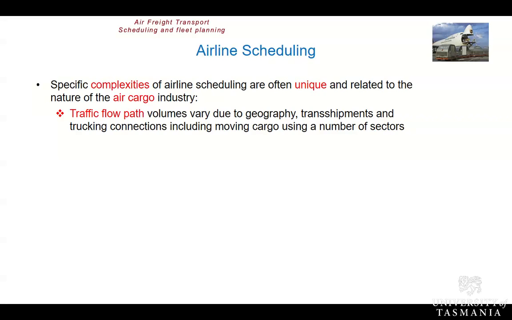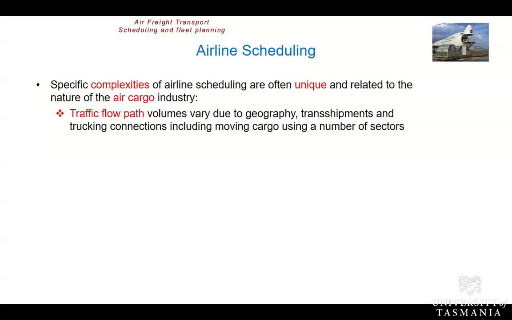One of the things about cargo, which differentiates it from passenger, is that cargo is typically carried in one direction. So all of a sudden you've got the challenge of matching the return trip and ensuring that you've got a suitable payload on return to make that round trip a profitable exercise for the airline.